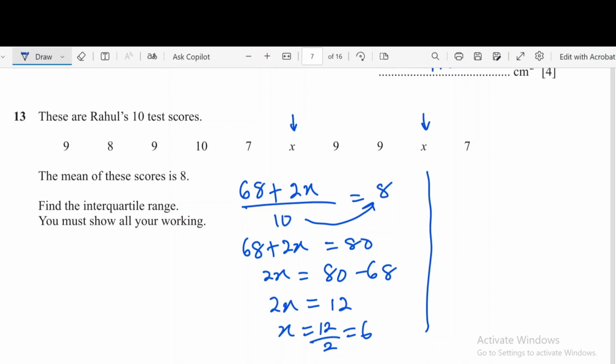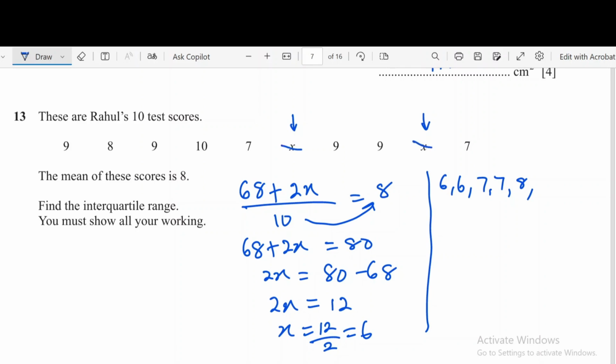So if it is 6, let's arrange these 10 numbers now. The smallest is 6 occurring twice, followed by 7. 7 also appears twice, followed again by 8. 8 occurs once. So we have taken 6, 6.